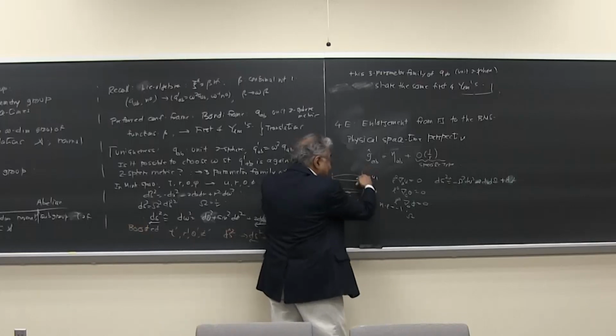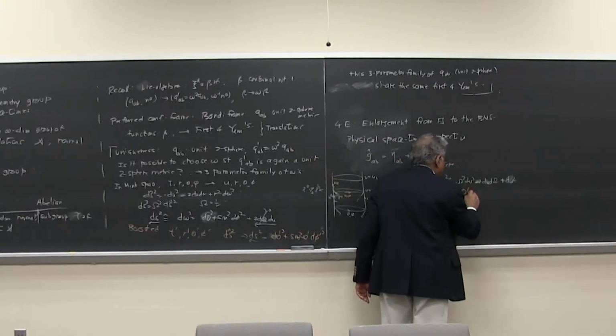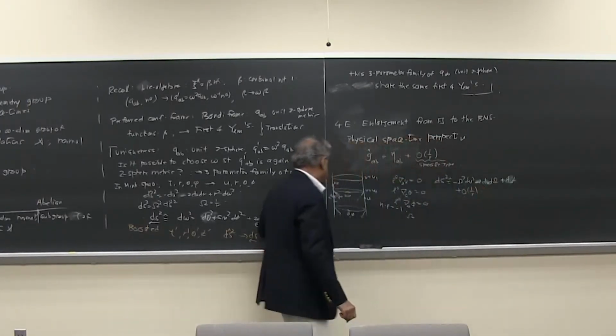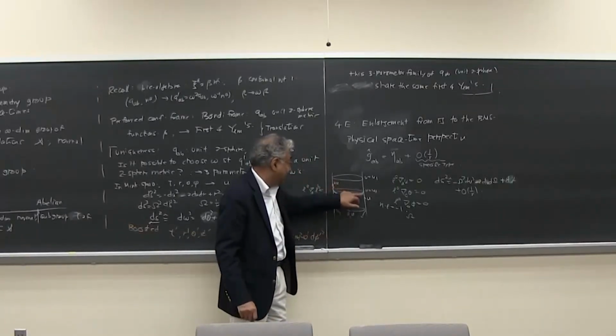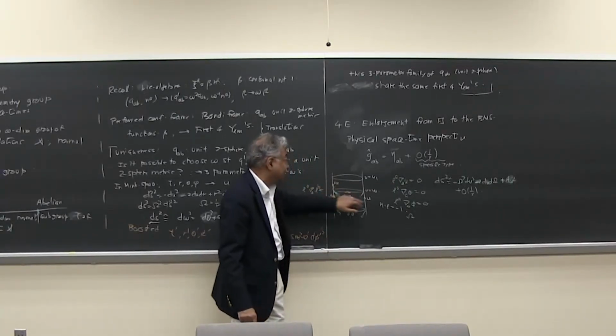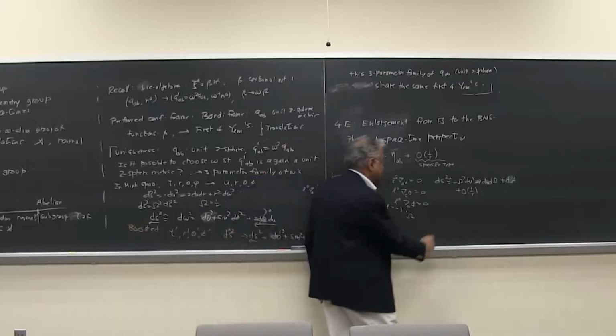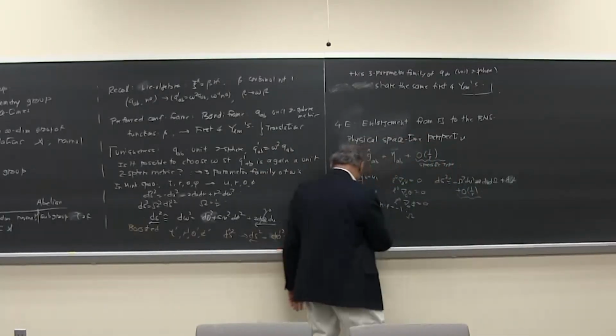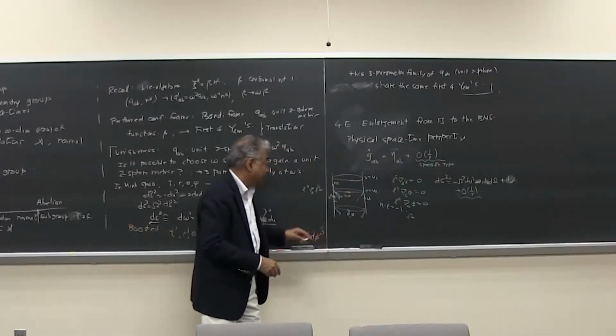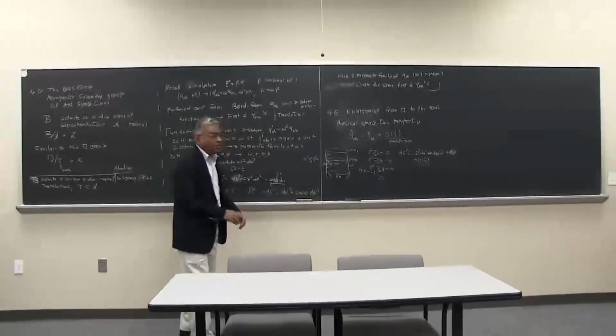And then when you go inside, you acquire terms of the order of 1 upon r. But since you are Lie dragging, you are parallel transporting these vectors and Lie dragging the coordinates, these terms of the order of 1 upon r are of a specific type, and you will see in the homework problem what type. It's a very generic thing.